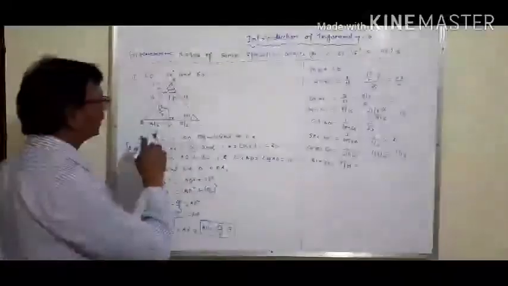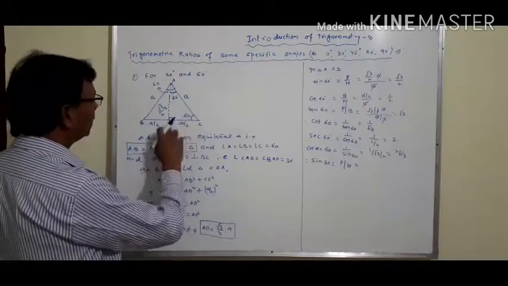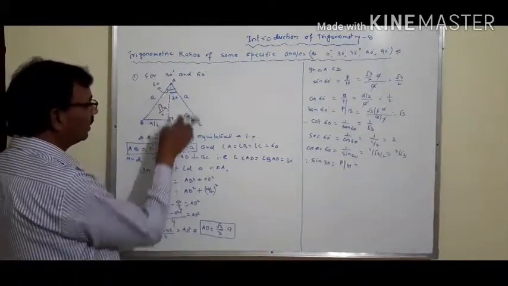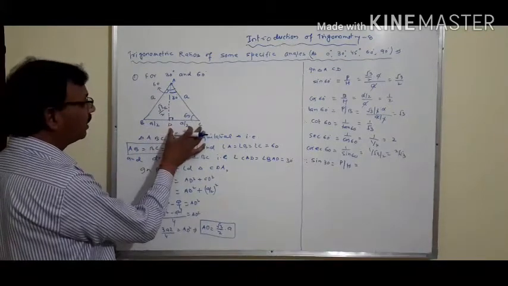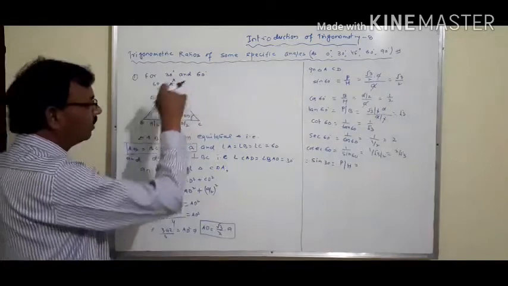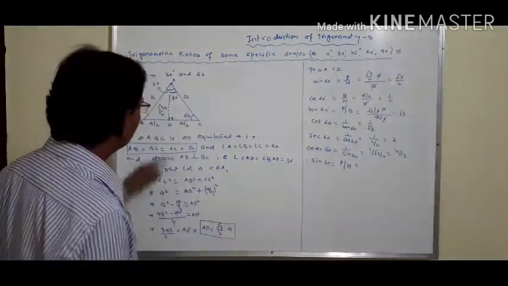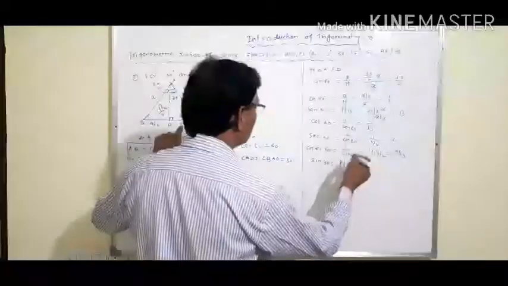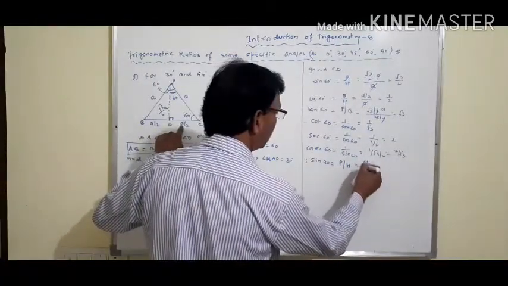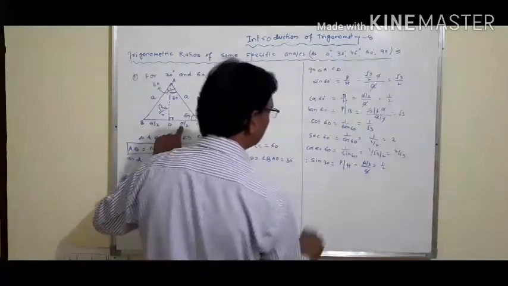Now check in this right angle triangle CDA for the 30 degree: CD will be perpendicular, AD will be base and AC will be hypotenuse. So perpendicular upon hypotenuse, that means A by 2 upon A, and A cancels, giving 1 by 2.